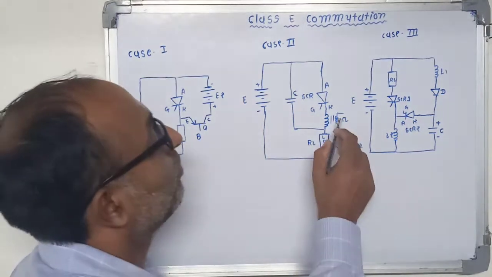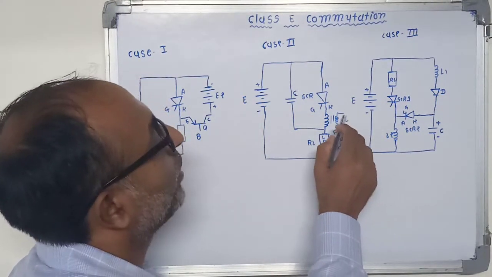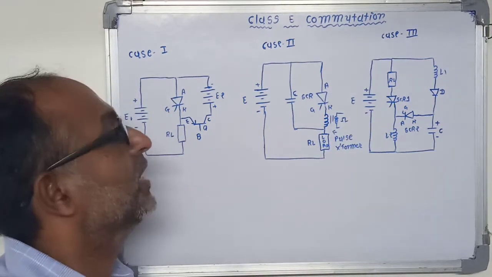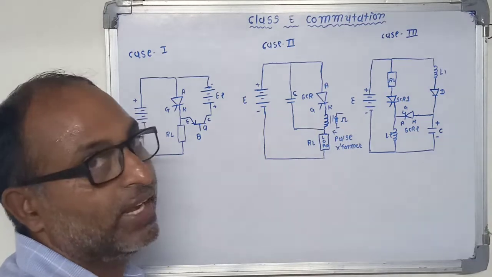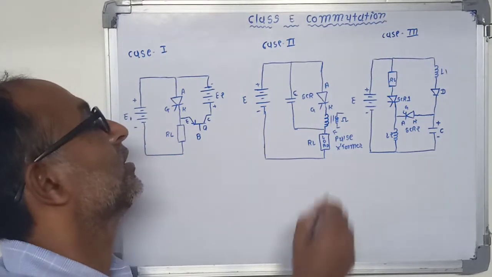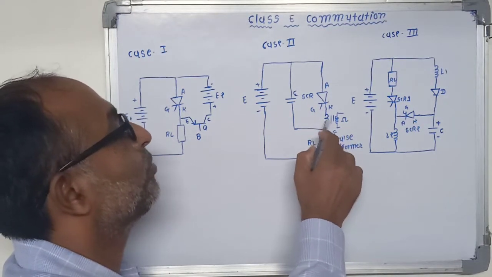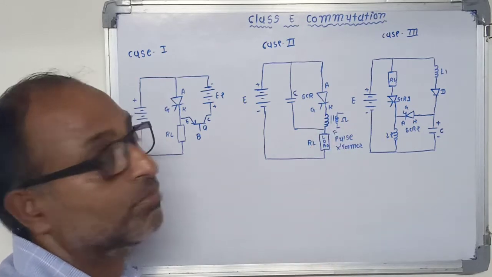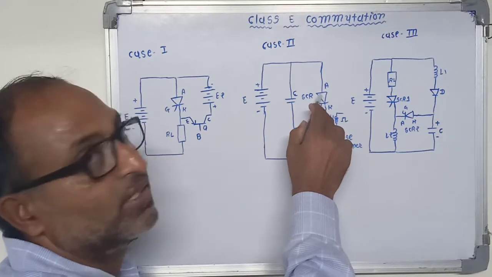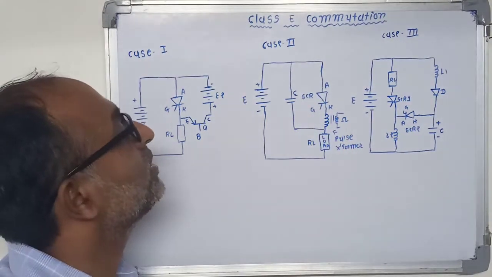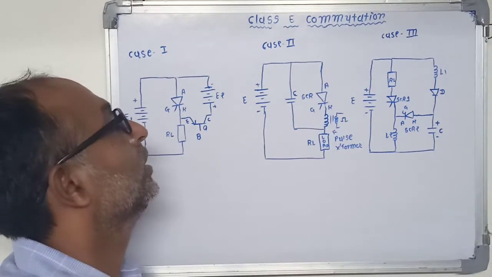Now when one pulse is applied to the primary winding, it produces voltage in the secondary winding, and it is in the reverse direction. This voltage produced in the secondary winding of the pulse transformer is applied to this SCR. So now due to this reverse voltage, it will turn off.